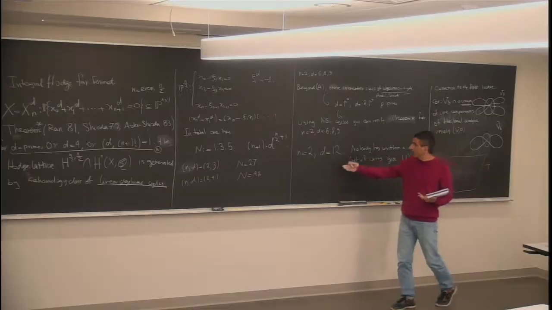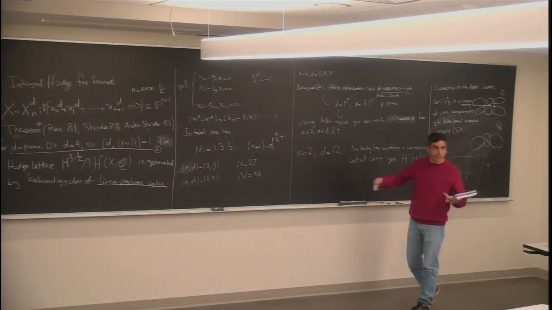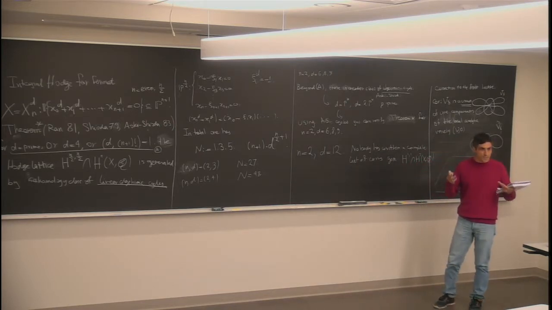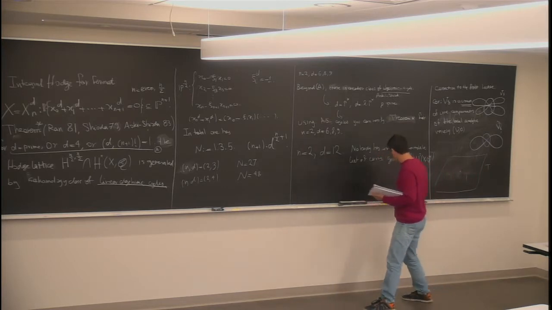So you see that even in this case, where the Hodge conjecture is well known, if you want to do everything explicitly and construct, things are not so easy.